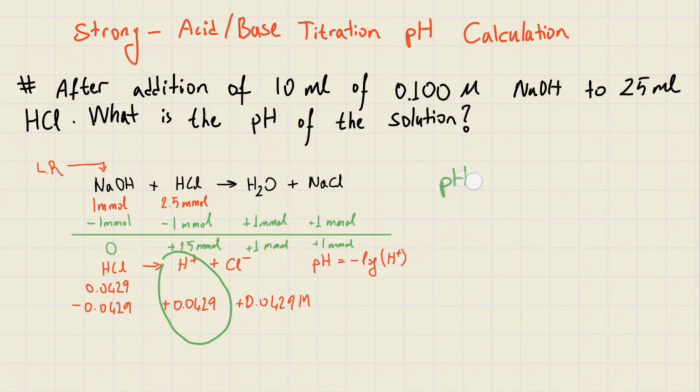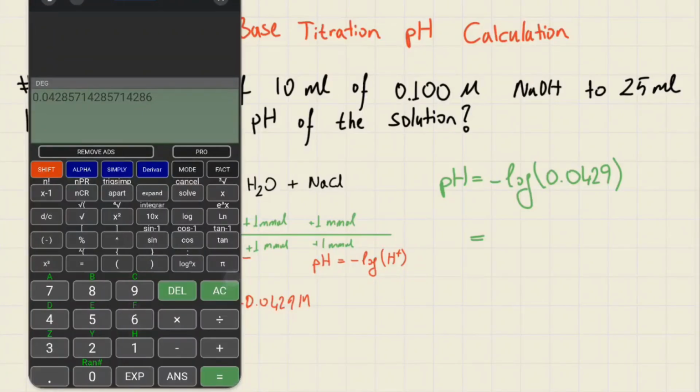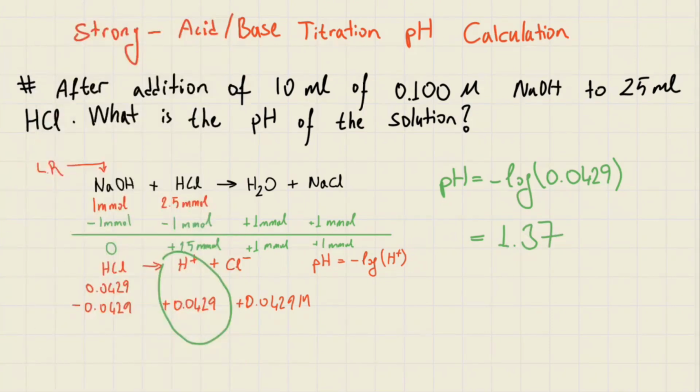So pH will be equal to minus log 0.0429, and it should be equal to 1.37, and this is our pH after adding 10 milliliters of sodium hydroxide.